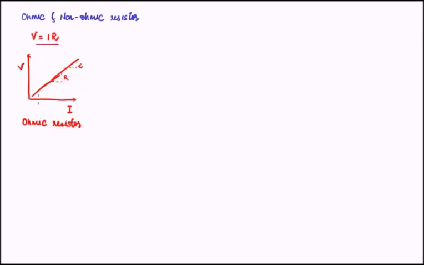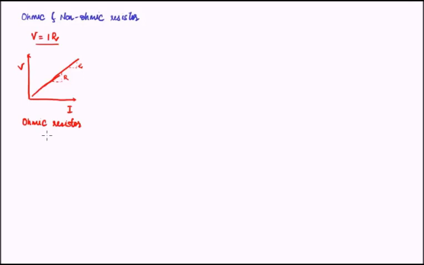And what that means is that the V versus I plot is a linear plot. The resistance is the same at any condition of potential and current. And what are those materials? Normally our metallic conductors are ohmic resistors, for example copper, aluminium, silver, such materials.